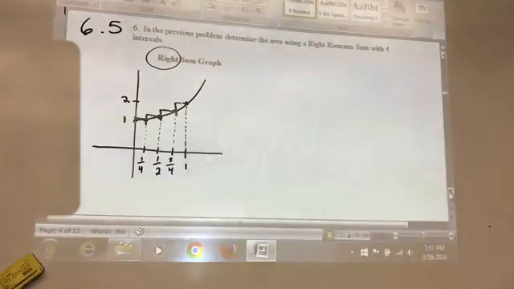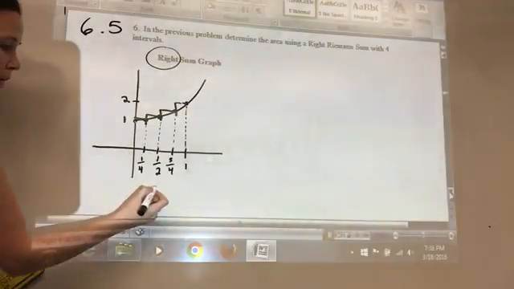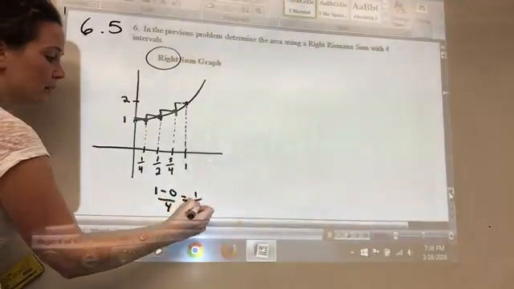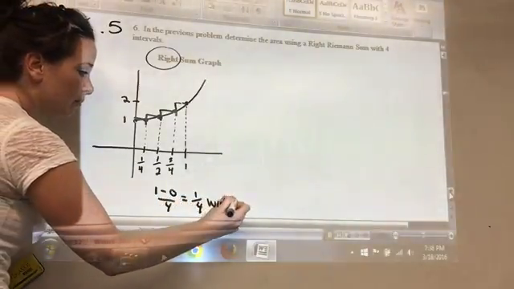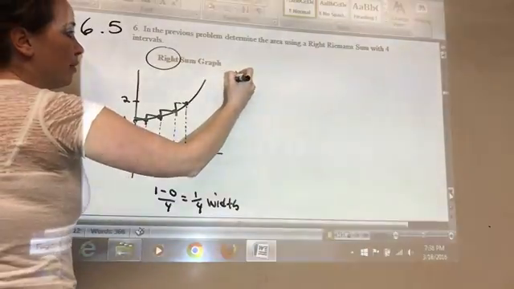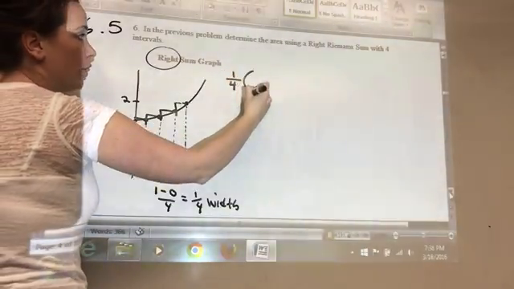Okay? So once again, we'll just go through. We already know the width is 1/4 from above, but let me show you that work again. We have 1 minus 0 divided by 4, getting us a 1/4 width across. So that's nice and simple. And then we're going to go through, and we need to use our different heights. So this time, let's just write it this way, where we're going to factor out that common 1/4.